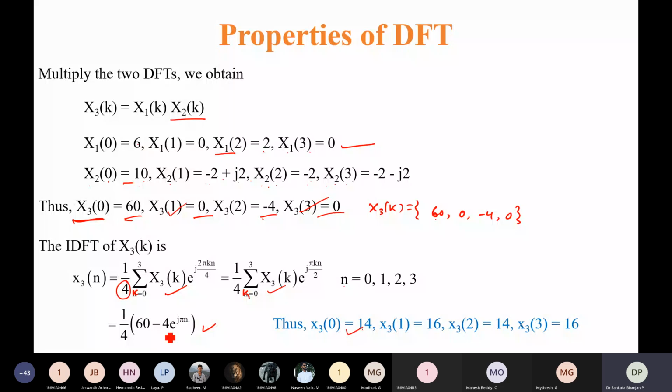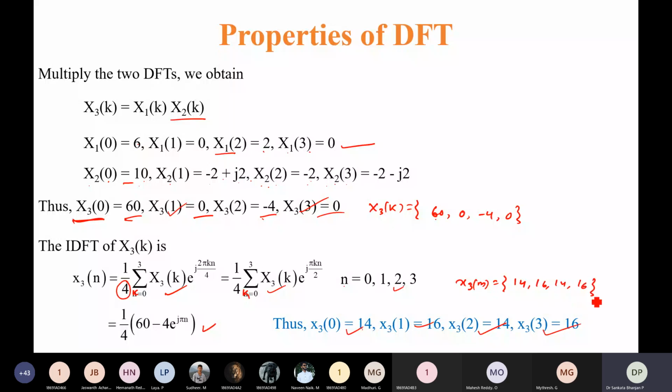So minus 4 into minus 1, that is 4. So 60 plus 4 divided by 4, that is 16. In the same manner, when we substitute 2, e to the power j 2 pi is 1, so again we get 14. What is the next one? 1 by 4, again we will get 16. So the value of x3 of n is 14, 16, 14, 16.